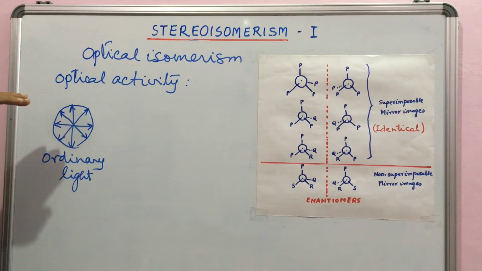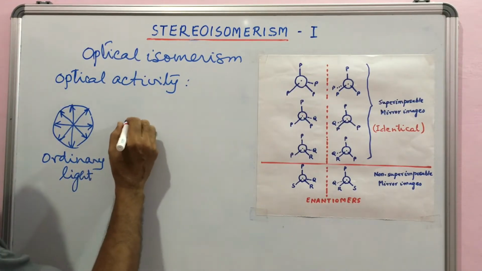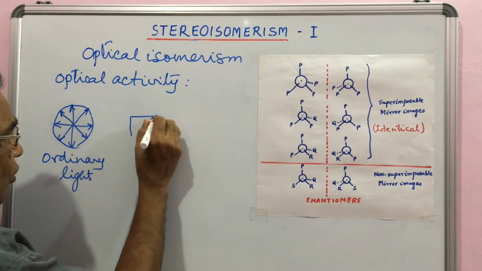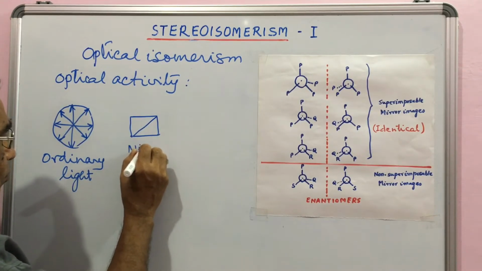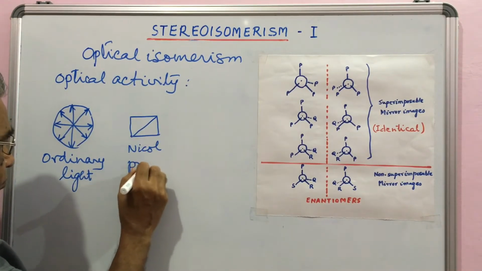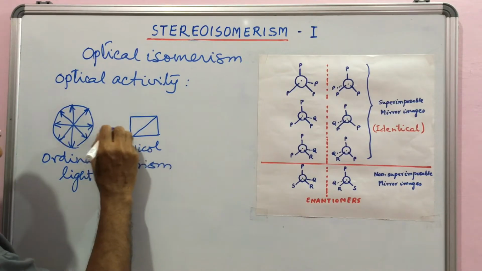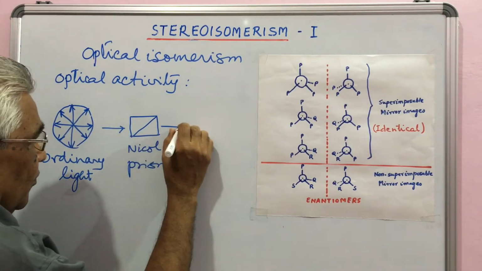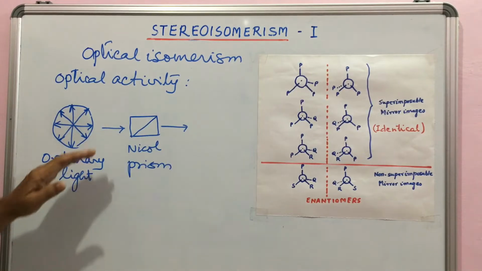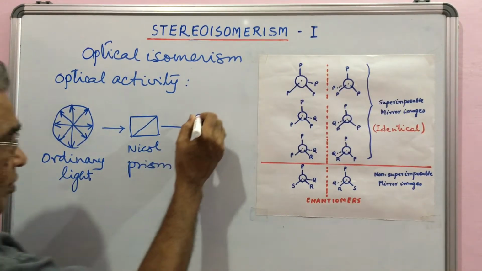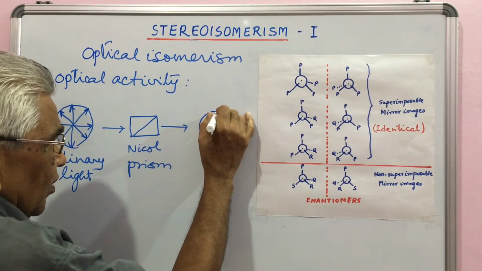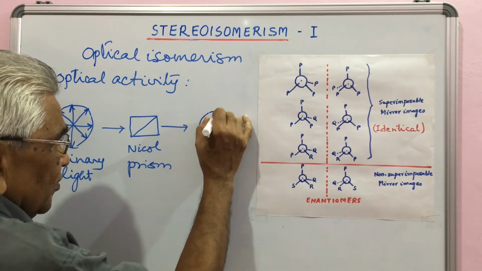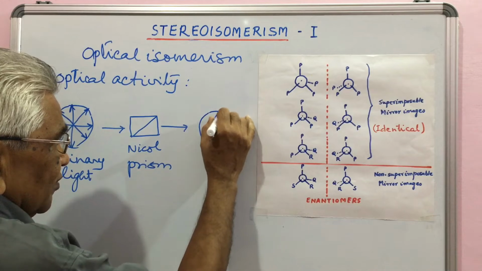When this ordinary light is passed through a specially designed prism called a Nicol prism, polarization takes place and the emerging light waves have oscillations parallel to each other.